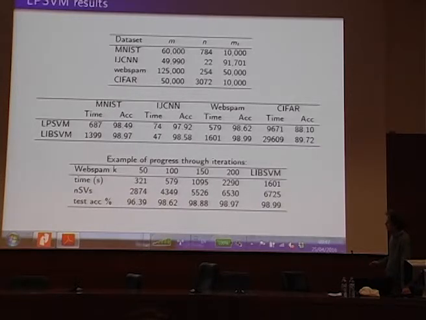But even with 50 iterations, the accuracy is only slightly less, and a significantly reduced number of support vectors. So we're controlling the growth of the support vectors while the test accuracy is improving. But even with a modest number, we're already getting a relatively good accuracy. So clearly scaling on very large data, we would hope that a modest number of iterations would get us a good accuracy while keeping the number of support vectors manageable across the many machines.